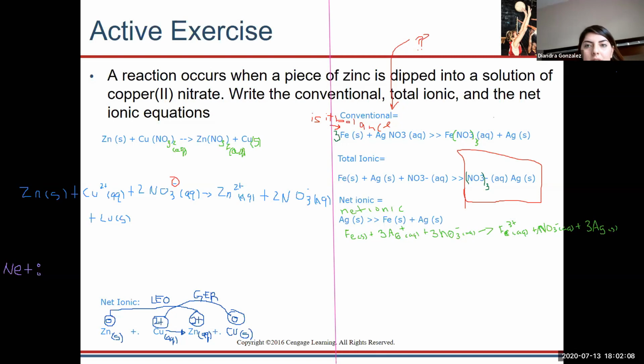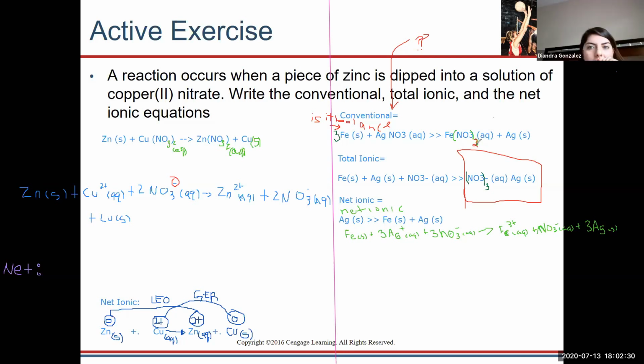Okay. You're saying here? Yes. But most times iron is going to interact, it's going to form a 3. It will form 2 sometimes, but so far we've only seen 3.